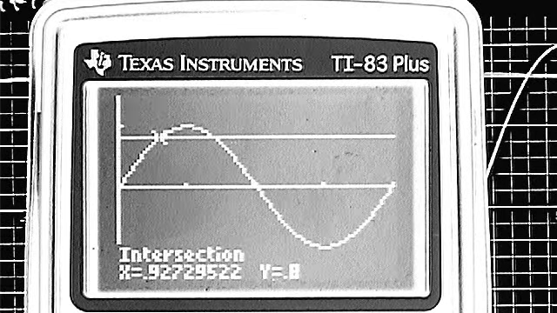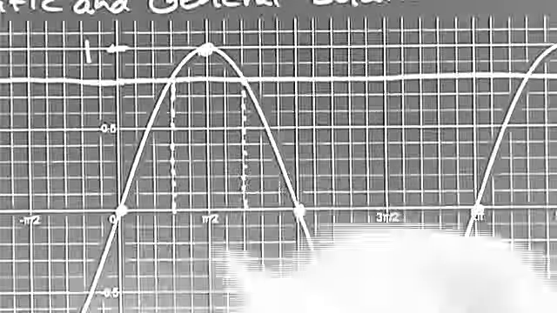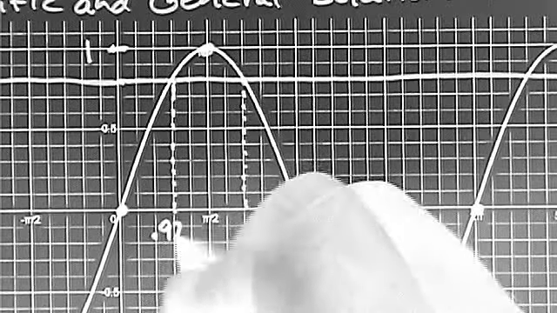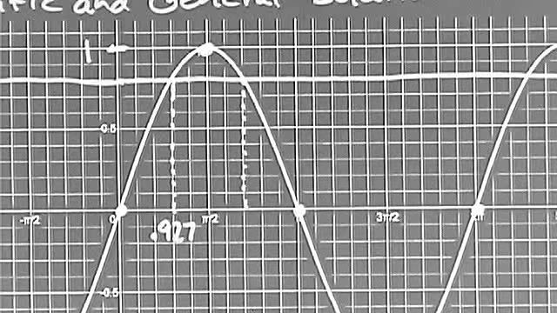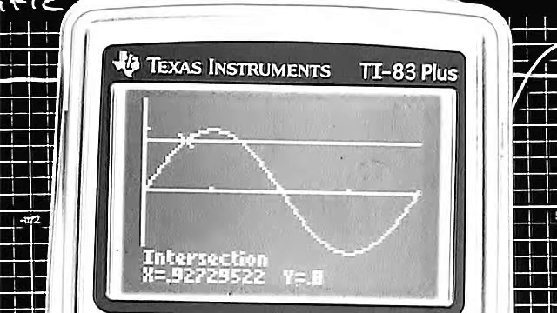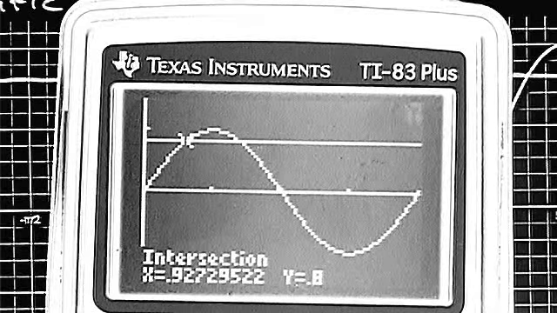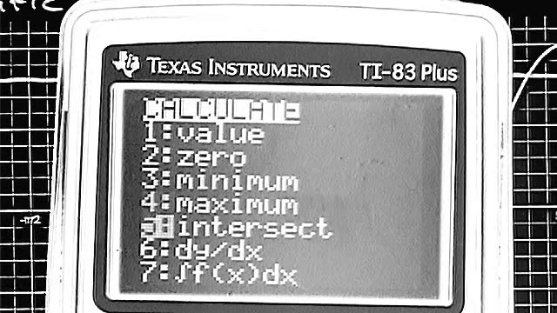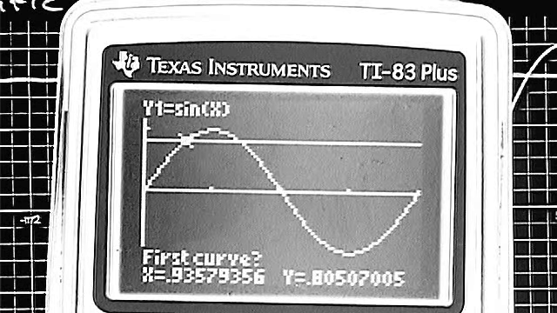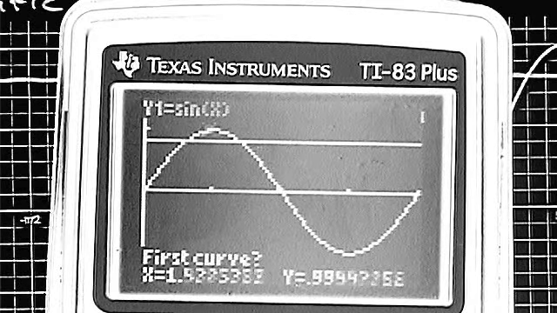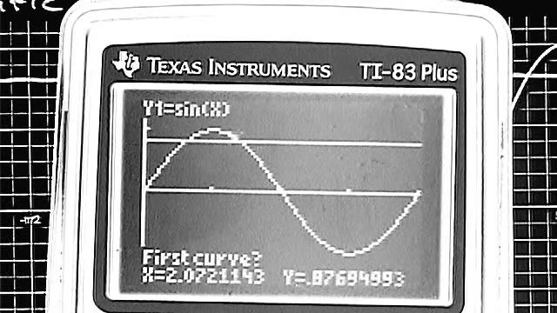0.927. And I'm going to write that down just so I have it. Okay? Now I need to find the other one, right? So I'm going to calculate intersection. Now you can either use the cursor and go closer to the other one, or you could type a number larger than 1, right?